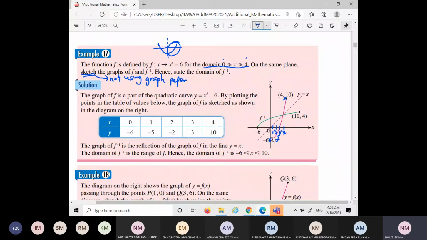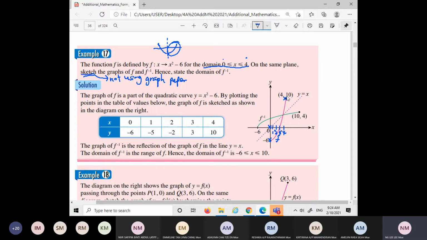Then for the inverse, you don't have to find the inverse, and you don't have to repeat the table. You know that from one of the properties, you just need this line y equals x. How to get y equals x? Very simple. One point will be (0, 0). The other point, maybe you can go further a little bit.